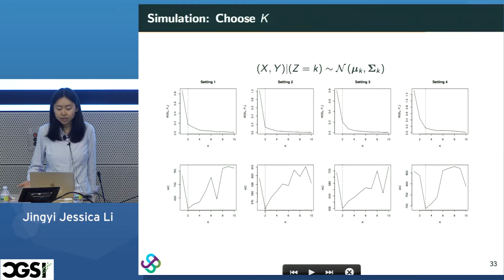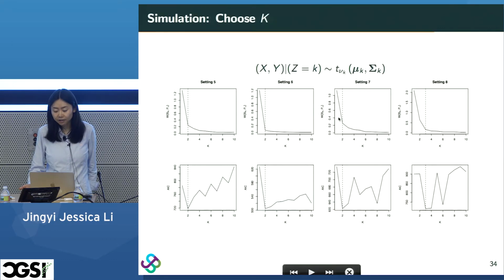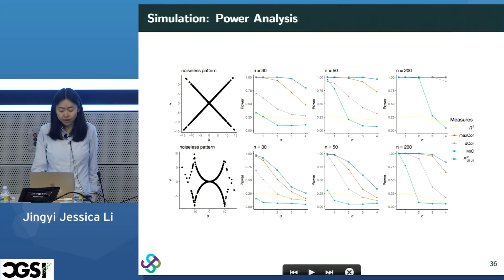And furthermore, this is a simulation result for power analysis, because this is something we really care about, right? Given what we want to discover, is the measure powerful? In this pattern and this pattern, both are cases where they have more than one relationship. Clearly, for 3 different sample sizes, the blue curve is the power of our measure.